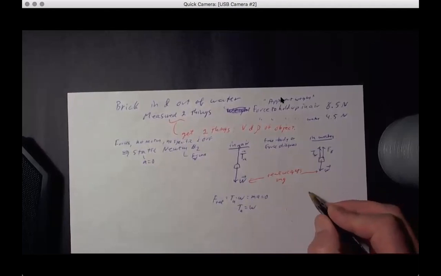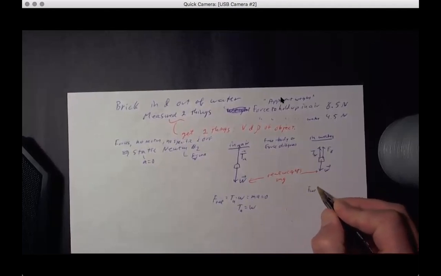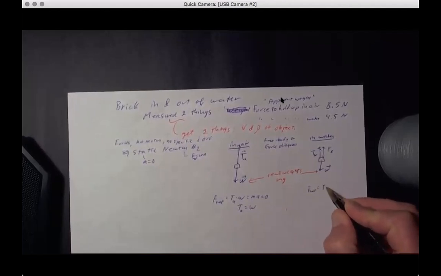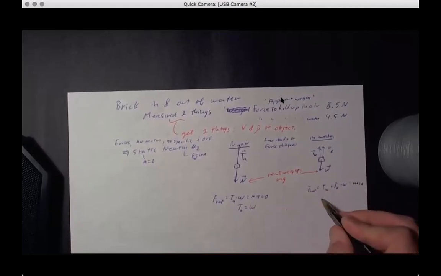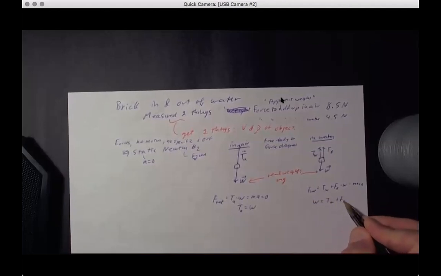And over here we have F net equals T water plus F buoyancy minus weight is equal to ma is equal to 0. And so we have that the weight is equal to T water plus F_B.